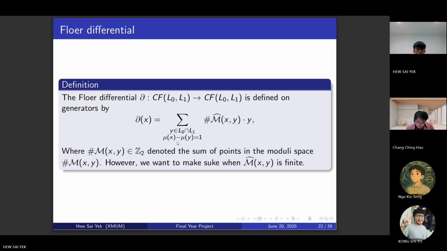We can also define the Floer differential by counting the number of points in the moduli space. To make sure this is well-defined, we want to make sure M(x,y) is finite.